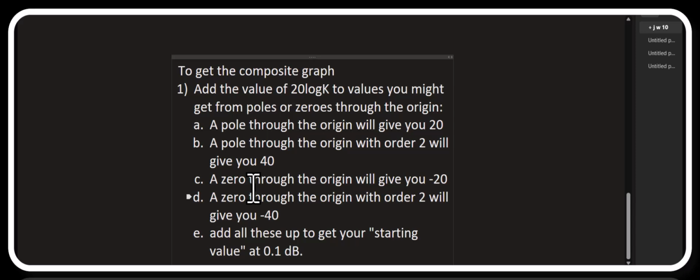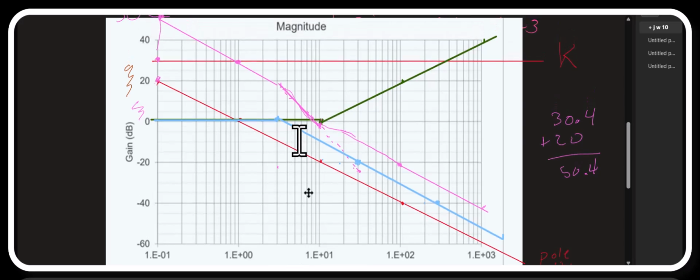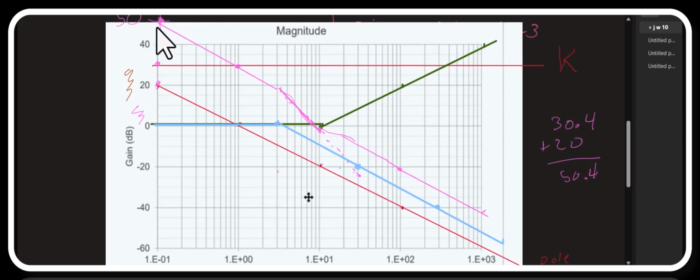Okay, so what these words are saying is our Bode plot graphs generally start at 0.1. The reason they're starting at 0.1 is we can't really start at 0 because our function isn't really defined at 0, and you can't take the log of 0.